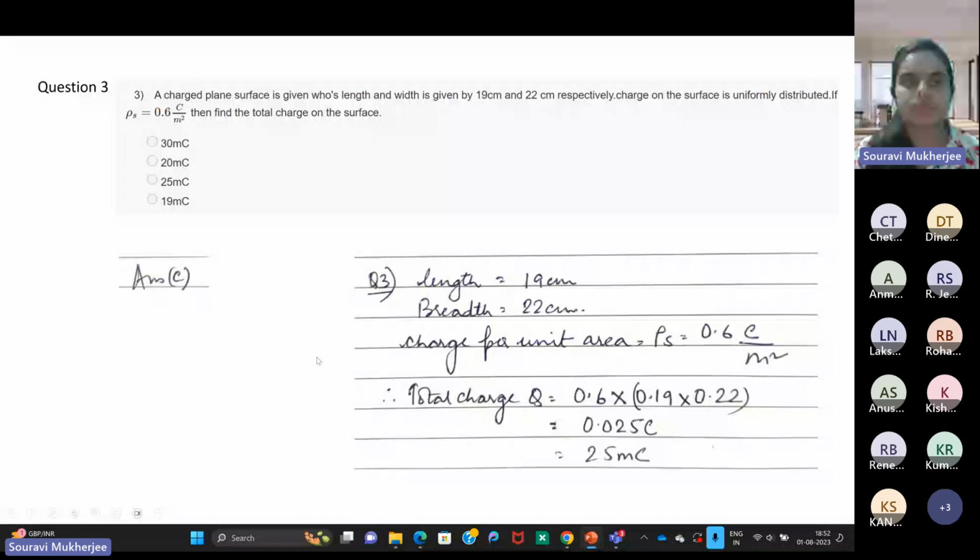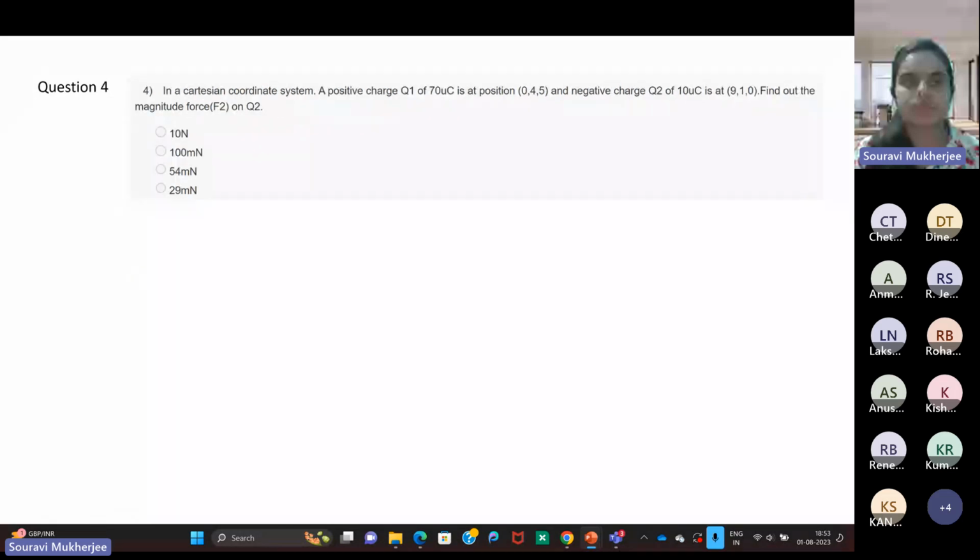Similarly, if you have some volume charge density and some given volume, what is the total charge? Volume times the charge per unit volume, right? Okay. So now here you have some charge Q1 of 70 microcoulomb at some position, and you have another negative charge Q2 of 10 microcoulomb at some position, and you want to find the magnitude of force F2 on Q2.